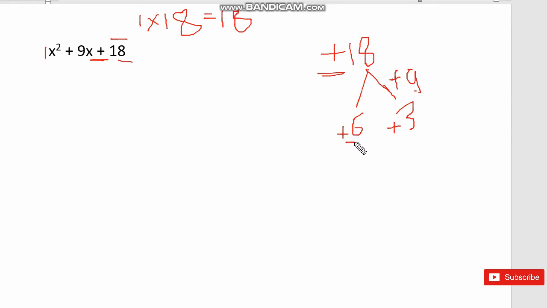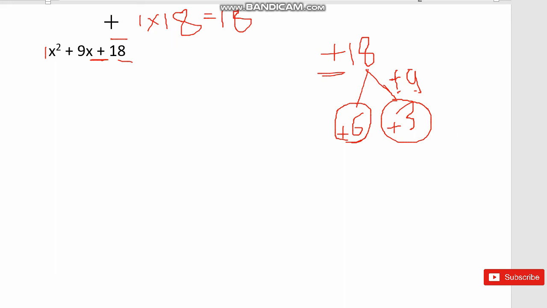That means plus 6 and plus 3 are the two factors which are used for splitting the middle term. Plus 6 and plus 3, so plus 9 is the sum of the two factors.